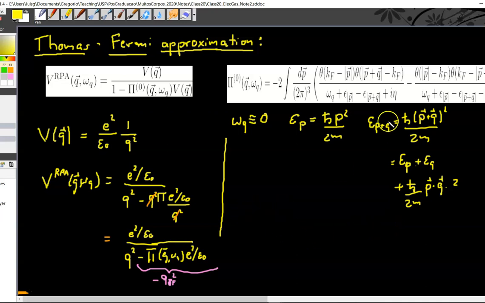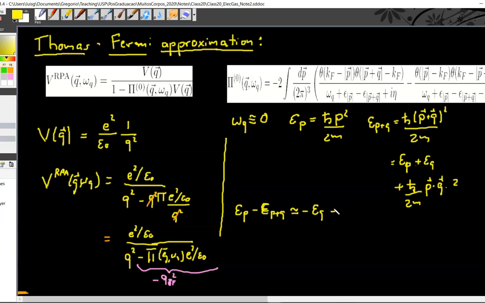So what I want is E_P minus E_(P+Q), which is approximately, well, there's going to be this minus E_Q, but I'm taking the limit Q equal to 0. This is not going to be important.